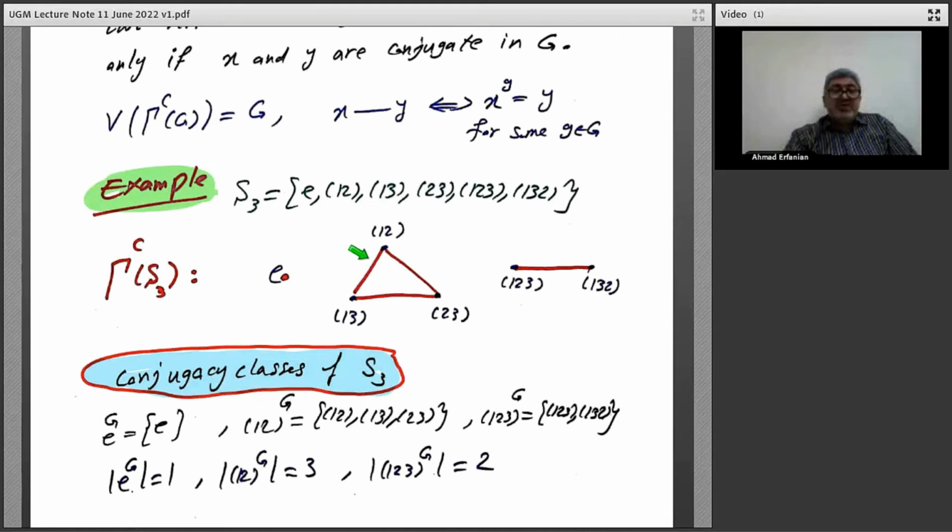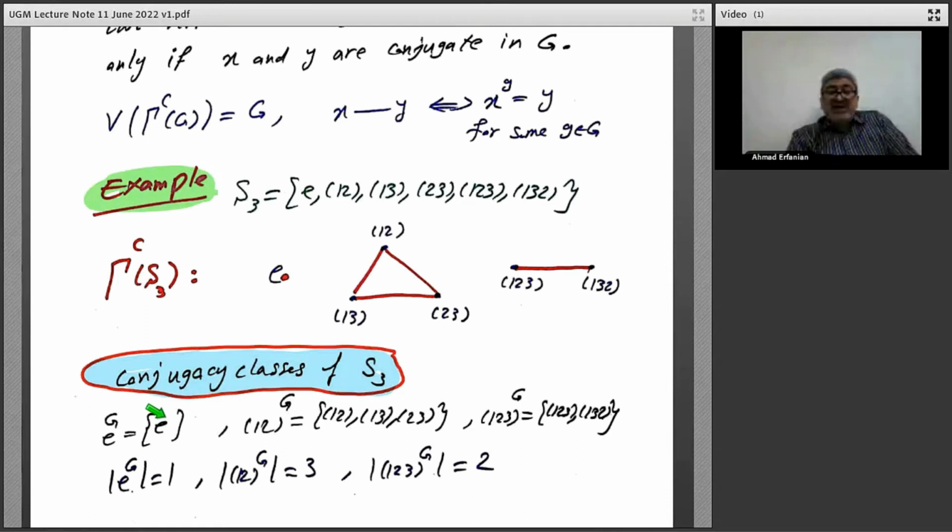again, if you see the symmetric group S3, we have 6 elements, right? The conjugate graph has 3 connected components, right? So we have an isolated vertex, the identity, because identity is conjugate to only itself.